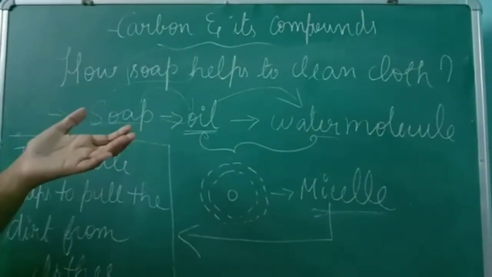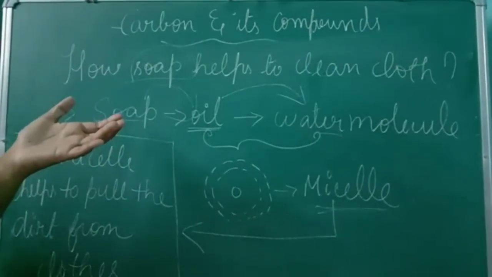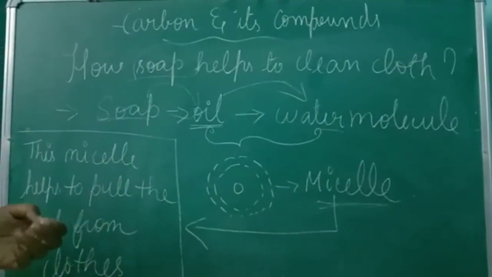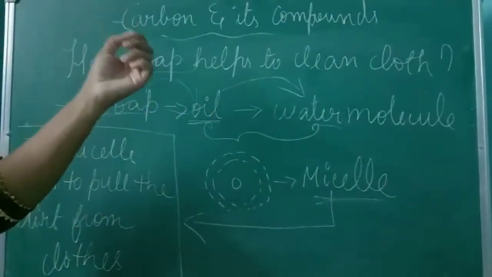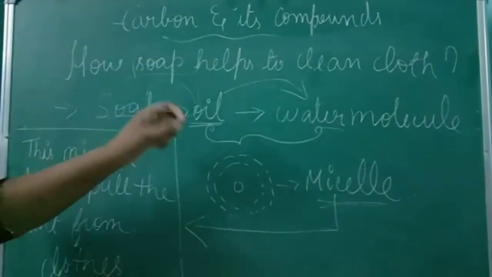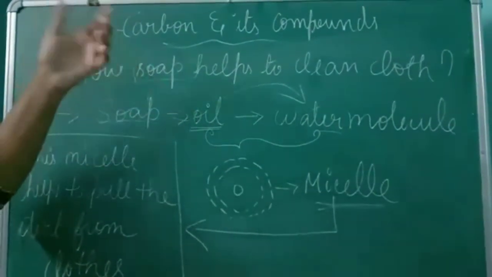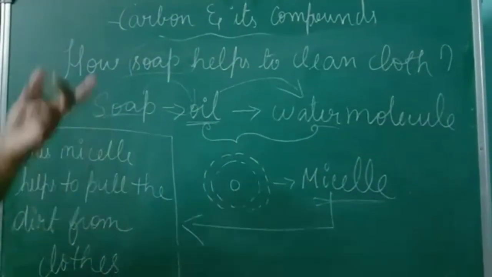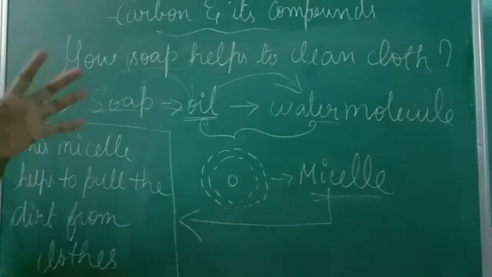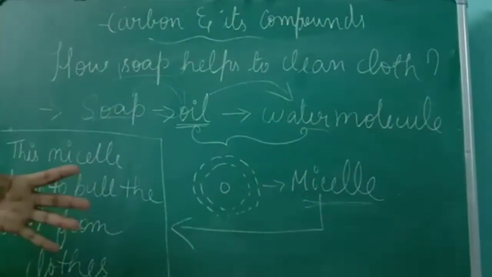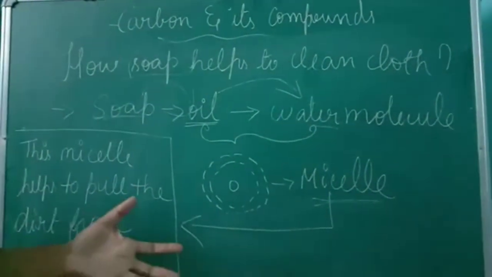And here you can see the usage of carbon. Carbon is present in this oil itself; a small amount of carbon content is present in the oil. So in the cleaning process also, carbon is a main thing. Carbon acts in each and every activity we do.